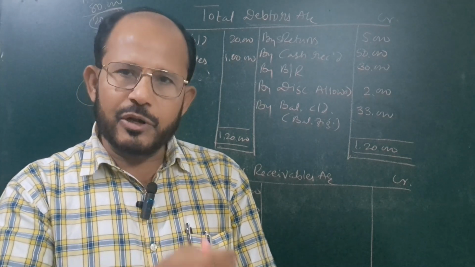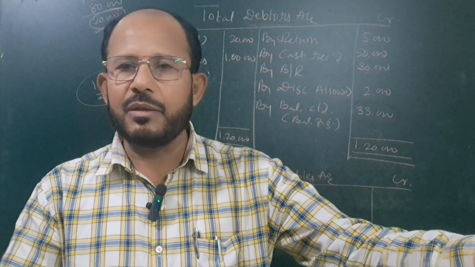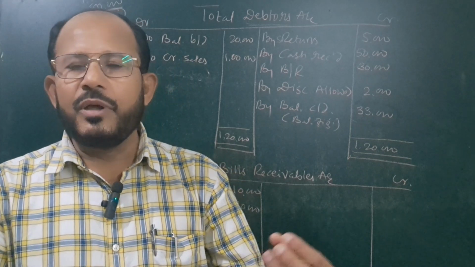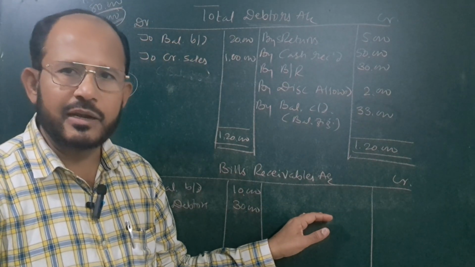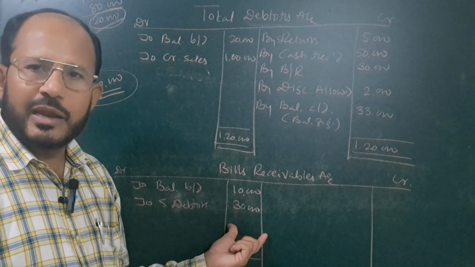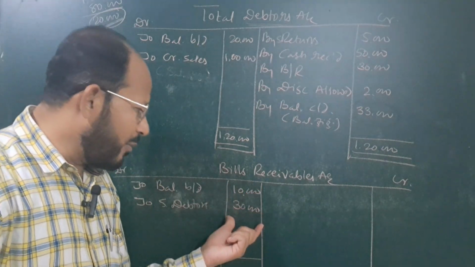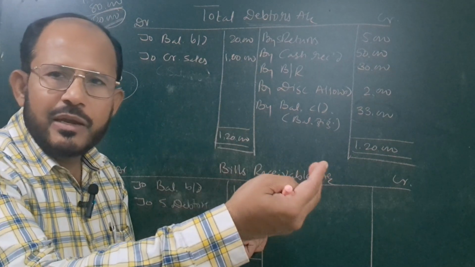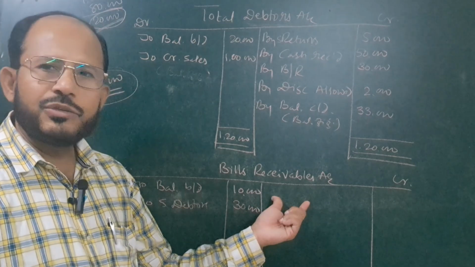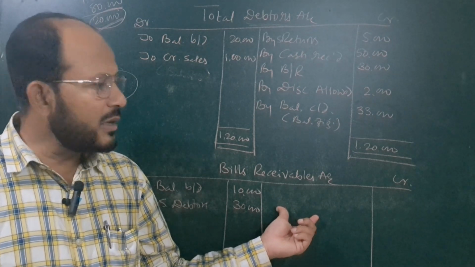That is why on that particular date, if we send the bill to the party, party will make the payment. When the payment is made by the party, that should be recorded on the credit side. This is the amount to be collected, or this is the amount which is there in the form of bills. But when we send the bills and receive the cash from the parties, that should be recorded on the credit side.